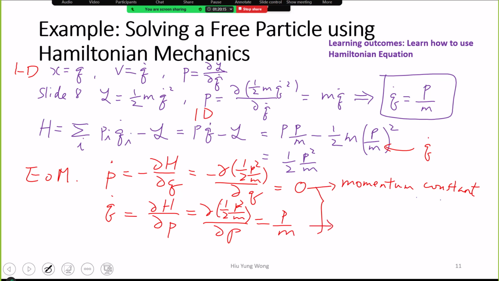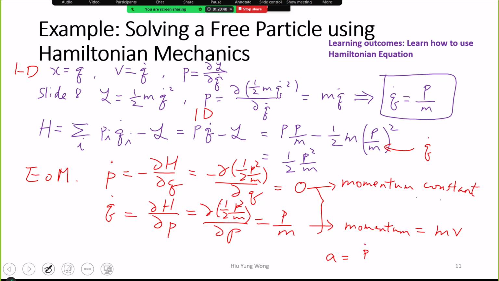Now, momentum is constant. It also means that there's no acceleration, because force equals m a, which equals p dot.